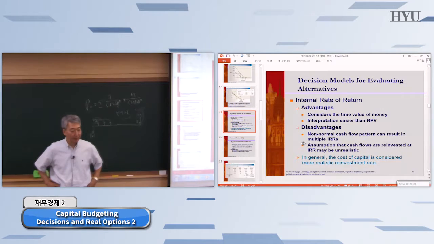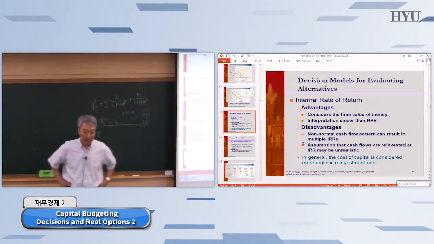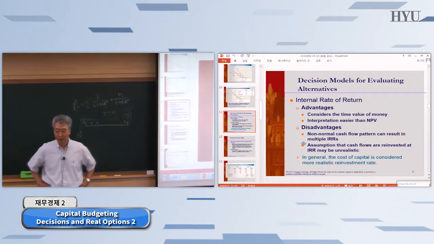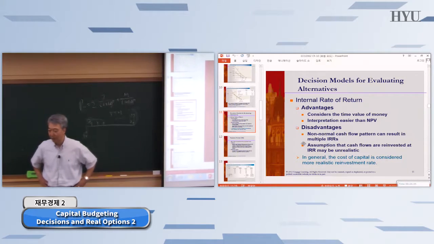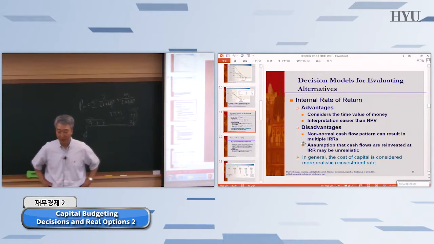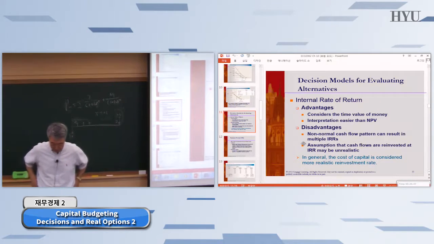Some people might think NPV is easier than the IRR concept, internal rate of return. What do you think? Do you feel NPV makes more sense, easier to understand, or IRR is easier to understand? Anyway, I guess this is the subjective view of the textbook authors.